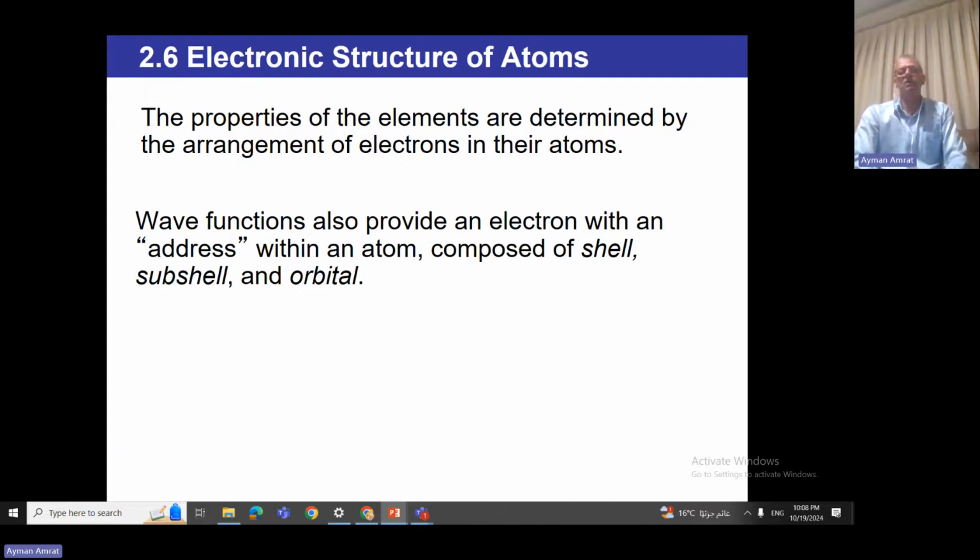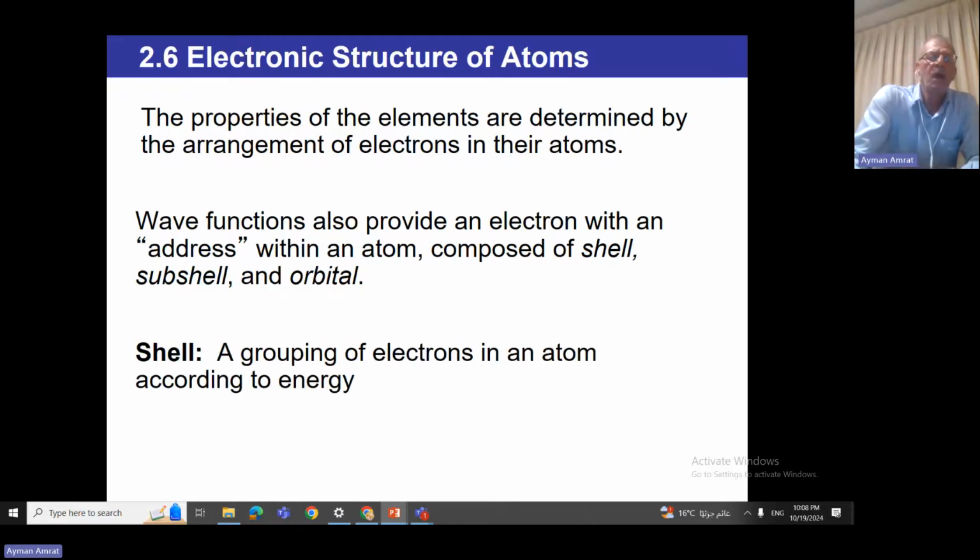Solving wave functions, the Schrodinger equation, provides an electron with an address within an atom composed of shell, subshell, and orbitals, to distinguish electron from electron by these features: shell, subshell, and orbitals.